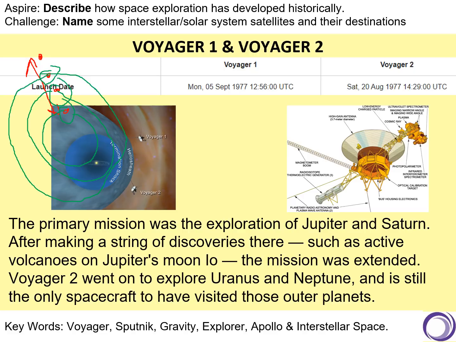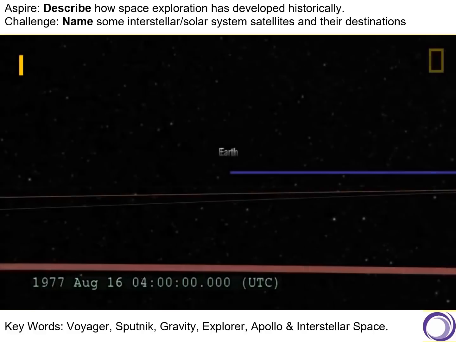And what it also shows you is their path, the path that they took to get to the planets, and then how they use the gravitational field around those planets to manipulate the direction of travel for the Voyager space probes. Do have a look.